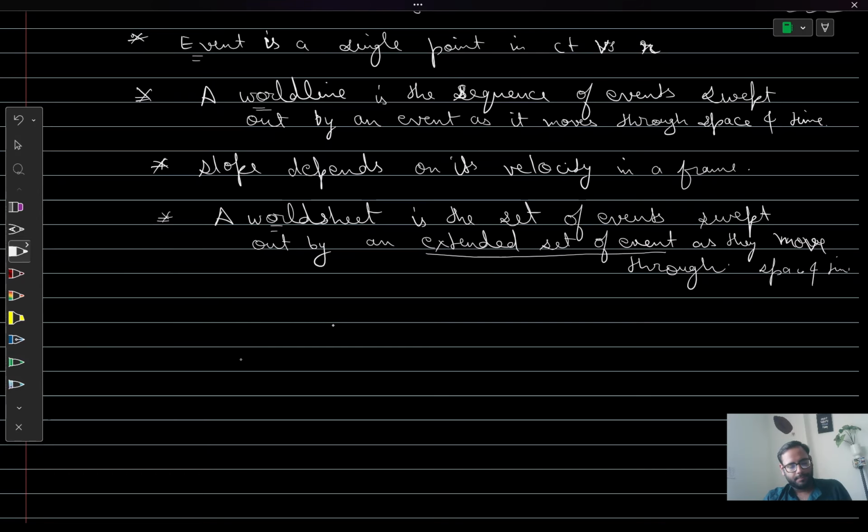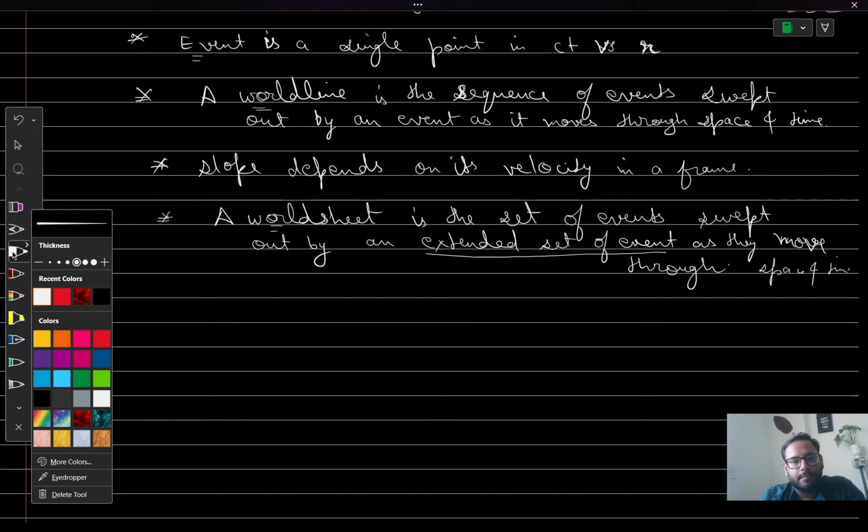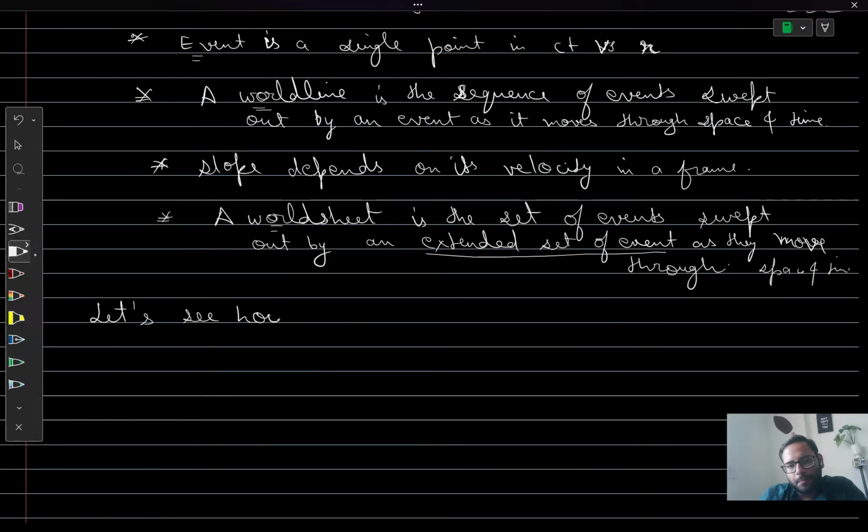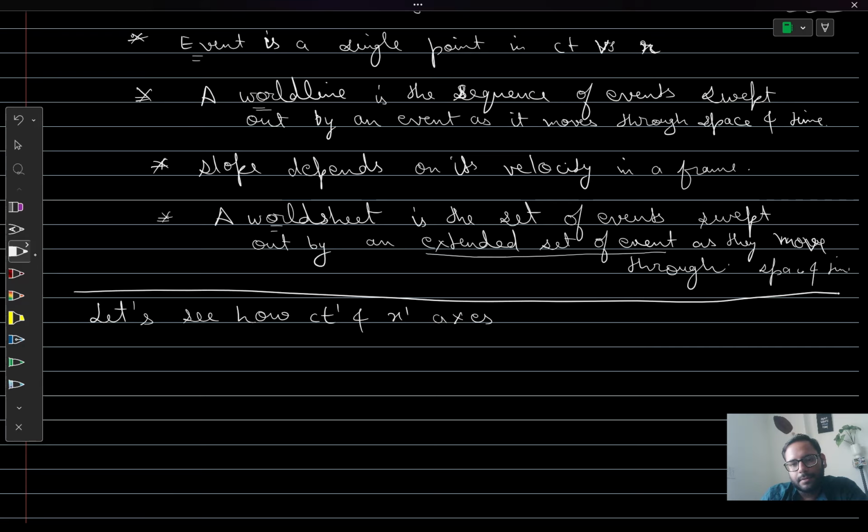Now let's see how the ct prime and x prime axes look in this ct versus x graph. This is a separate section.